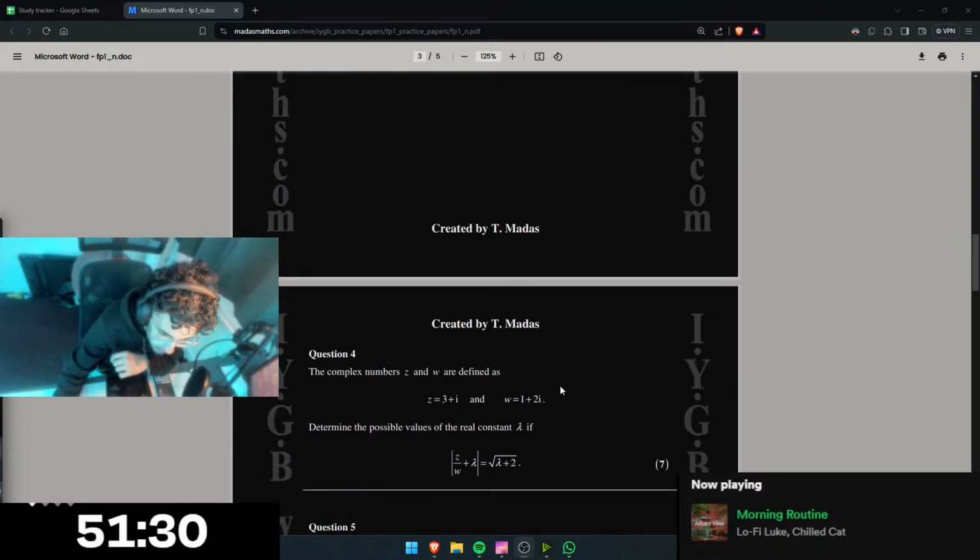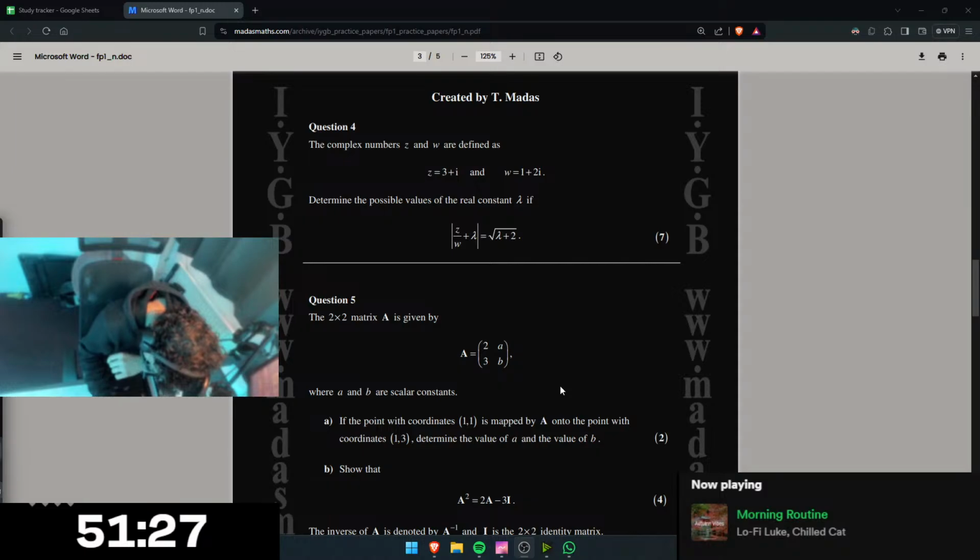Z over W, 3 plus i over 1 plus 2i plus lambda equals square root lambda plus 2. But we know the absolute can be written as square root of 3 plus i over 1 plus 2i squared plus lambda squared equals lambda plus 2.